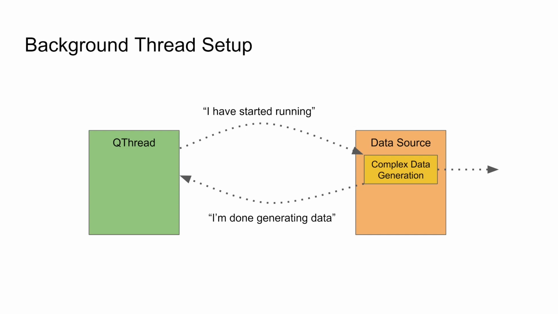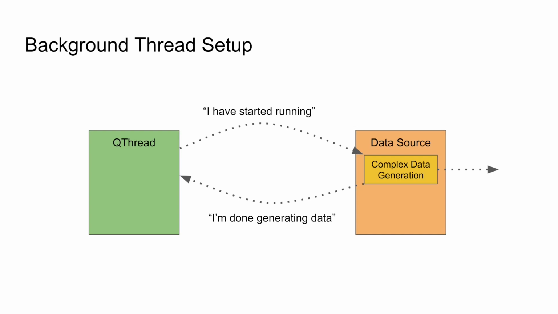And while the threading gives us a lot, in that we can do a lot of background data processing without interfering with the GUI loop, it does add a lot of complexity as far as getting our data source to be in a background thread and communicate with that background thread when things need to shut down, or when things need to start, or when things go wrong. So even this diagram is a simple version of this type of communication, but it points out the basic layout that we're going to have in our code.